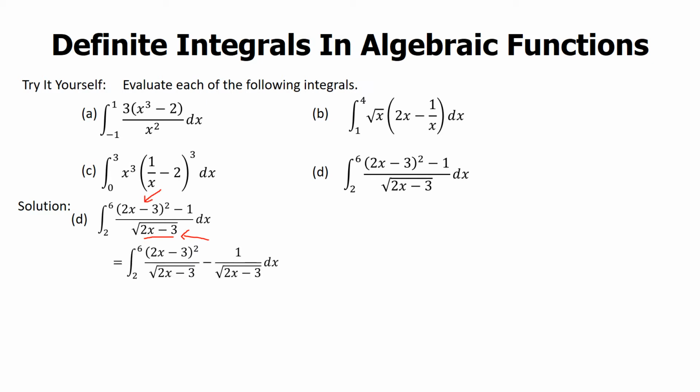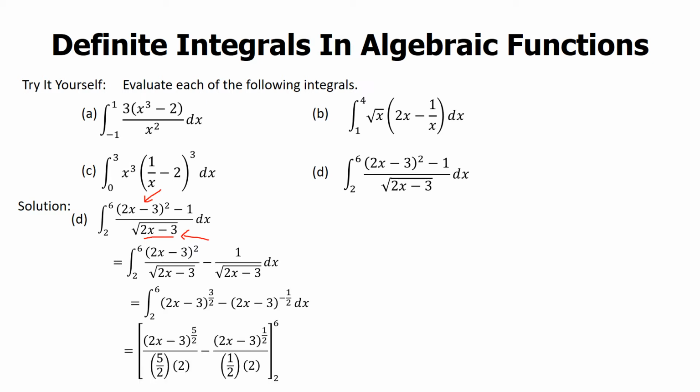So we can break it into two different fractions, which gives us integration of 2 to 6, (2x minus 3) squared over square root of 2x minus 3, minus 1 over square root of 2x minus 3 dx. Then we change it into indices form, which gives us integration of 2 to 6, (2x minus 3) to the power of 3 over 2 minus (2x minus 3) to the power of negative half dx.